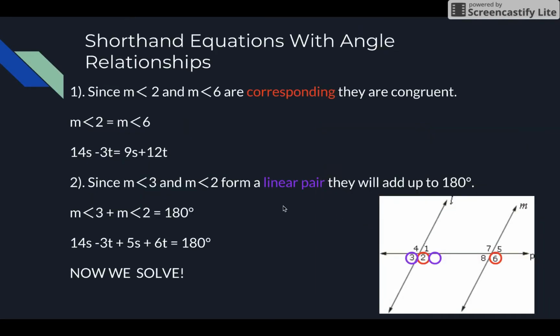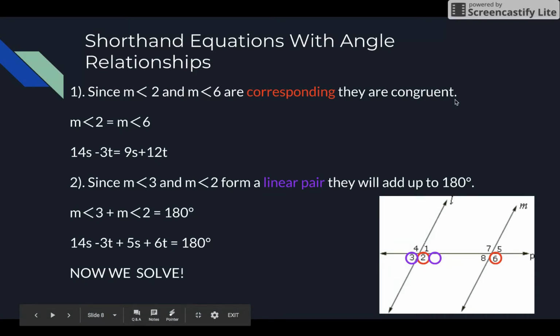In order to solve this problem, we need to write shorthand equations using angle relationships. The first relationship that I see between the angles we are given is that the measure of angle 2 and the measure of angle 6 are corresponding, meaning that they slide right into one another. This is circled in red.